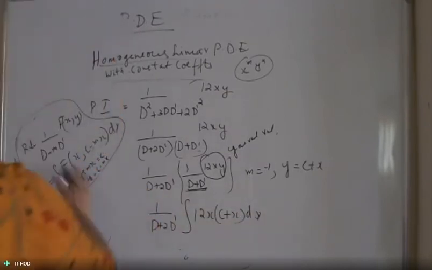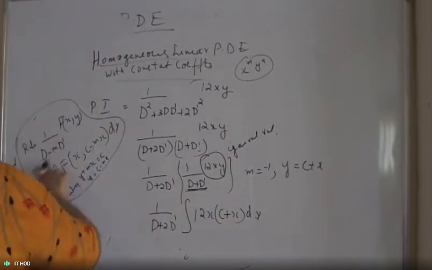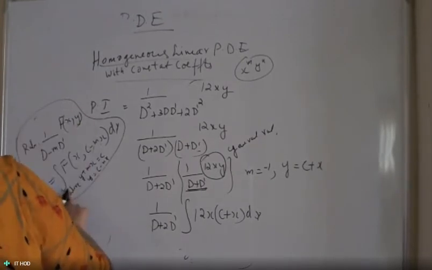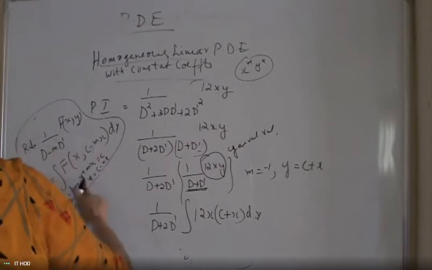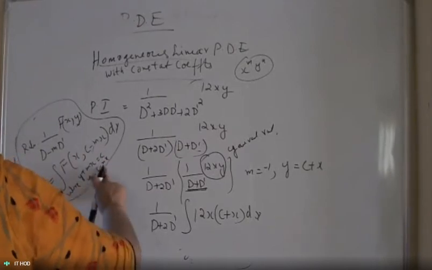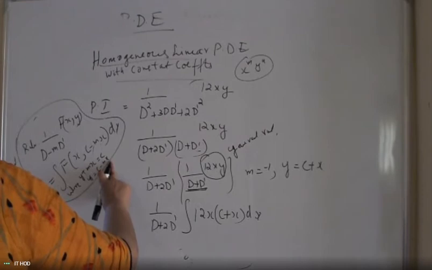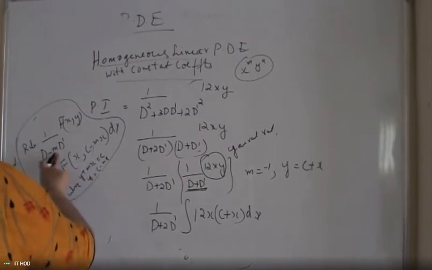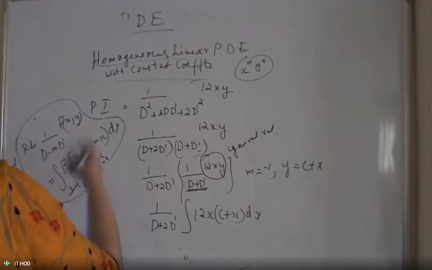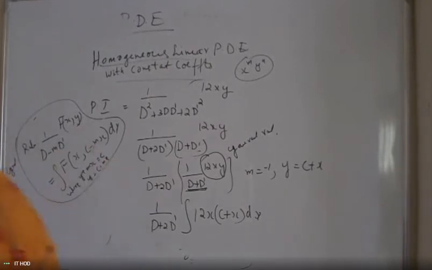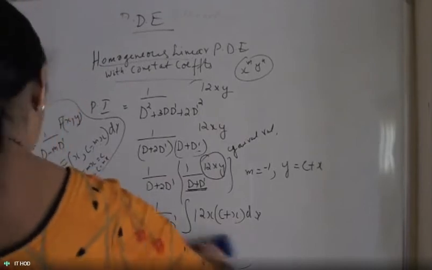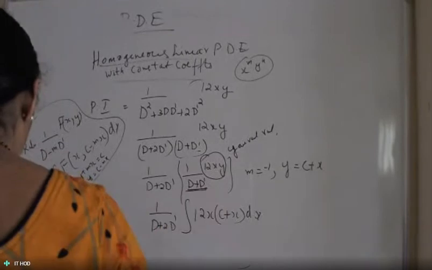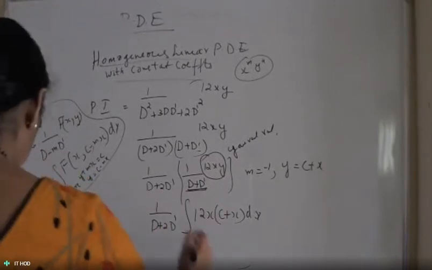Using the general rule, once you have linear factors like this, it changes to the integral of f of x, y, where for y we use the formula c minus mx. We get m from the operator, and c we take as a constant. Integrating this, you will get an answer.